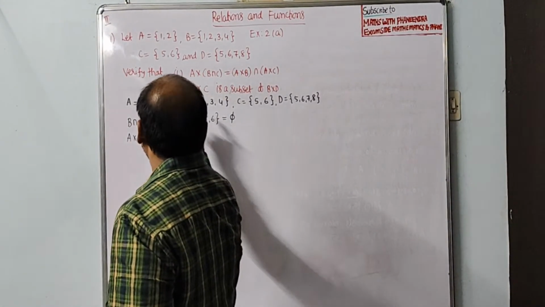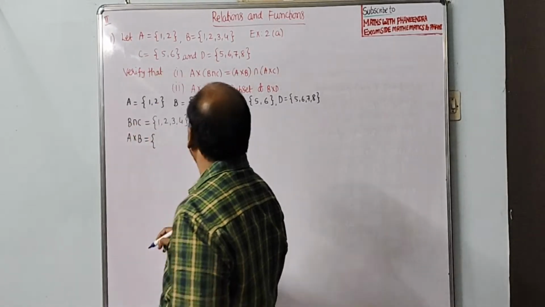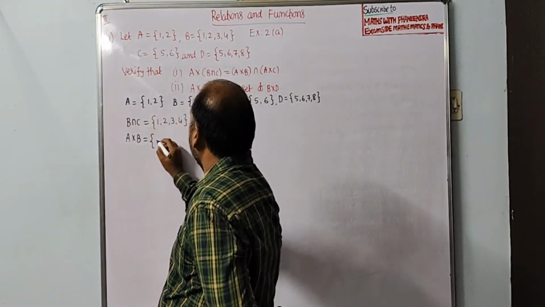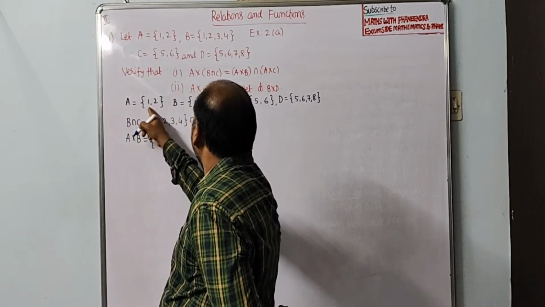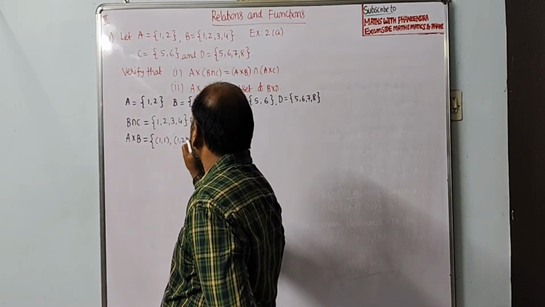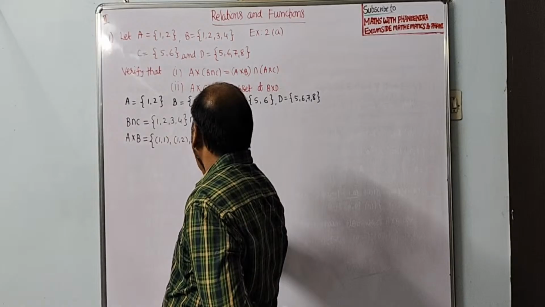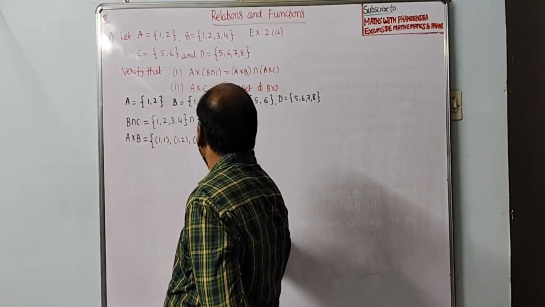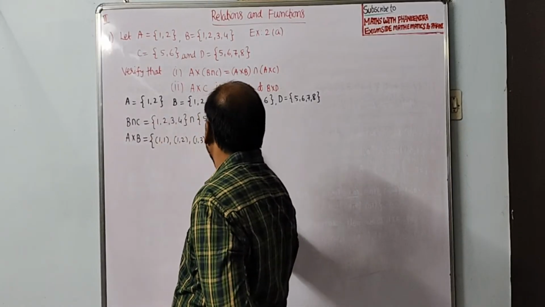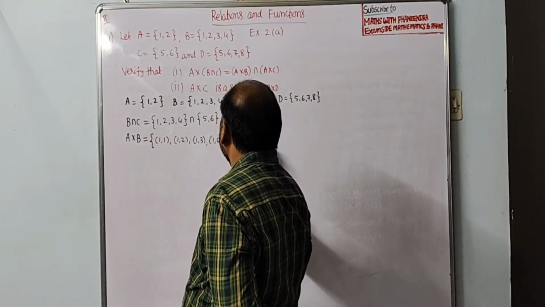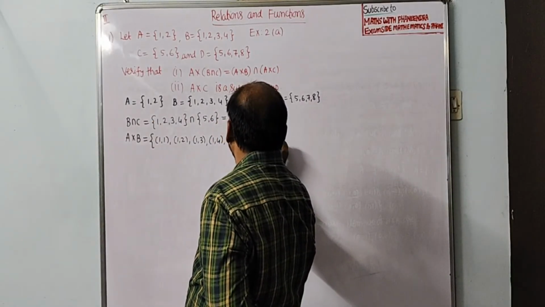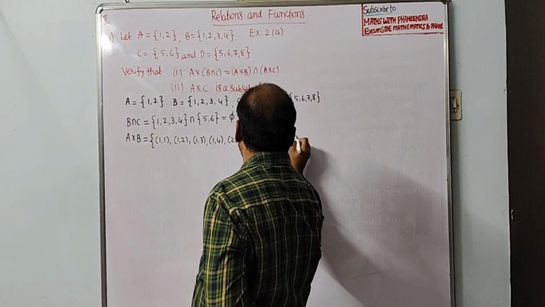Next, find out A cross B. A and B are there, no? So we can find A cross B: (1, 1), (1, 2), (1, 3), (1, 4). Next (2, 1), (2, 2), (2, 3), (2, 4).